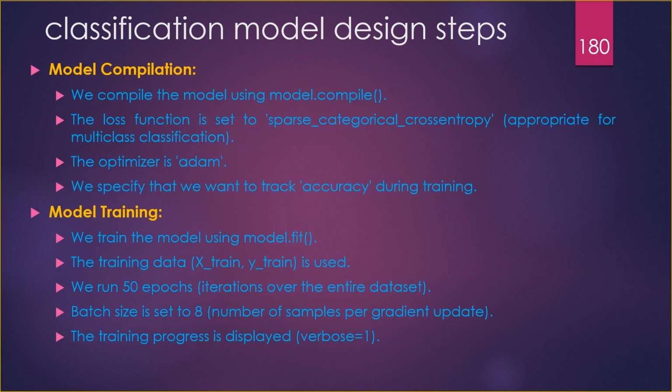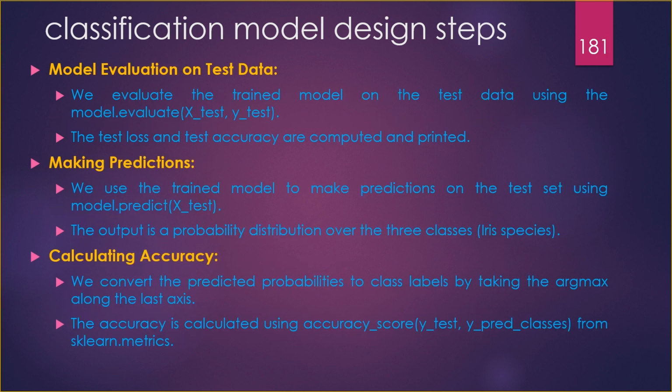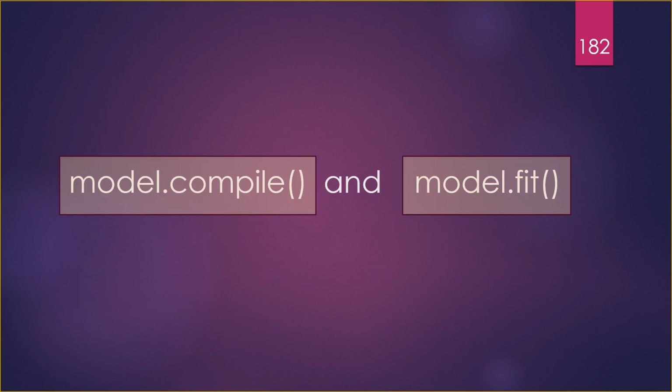So I hope you can remember the different set of functions that we are going to use, and the two most important functions during training: model.compile, which is for creating the settings of the model, and model.fit, which is used to train the model.